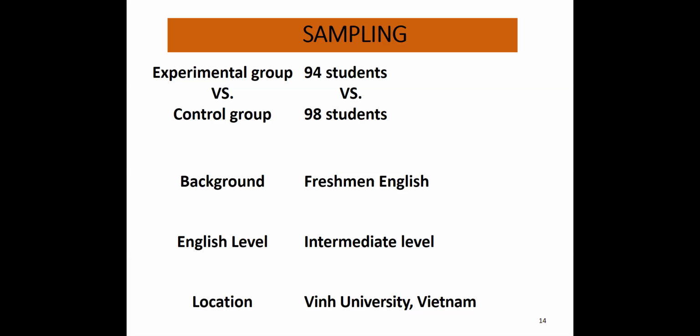Both groups were freshman English students, and their English input level was intermediate. So this research is conducted in Vinh University, Vietnam, in the Foreign Languages Department. All the groups, the experimental group and the control group, are instructed by the same teacher.